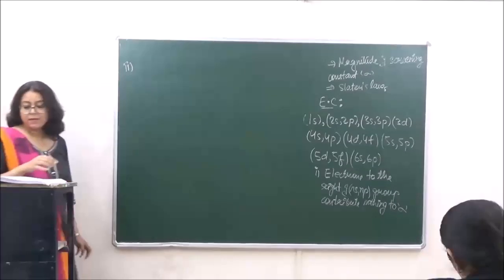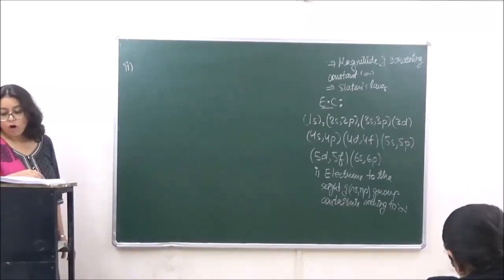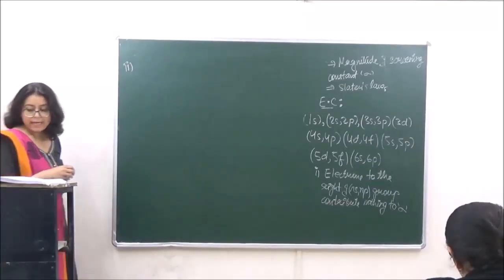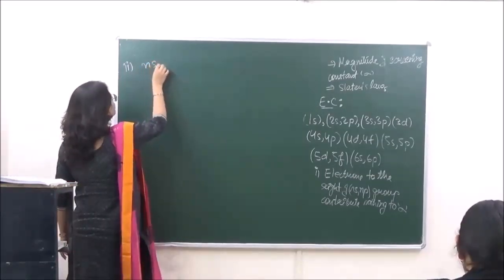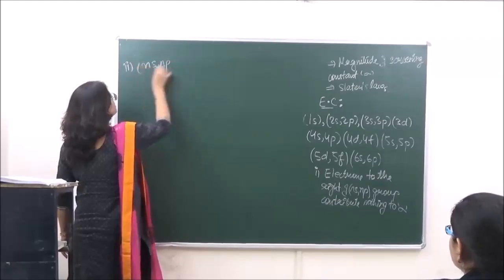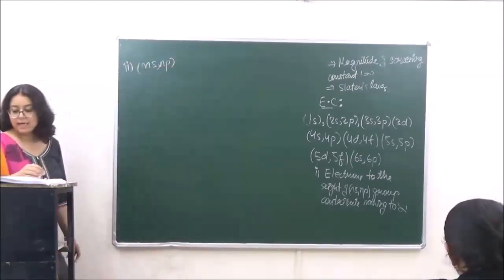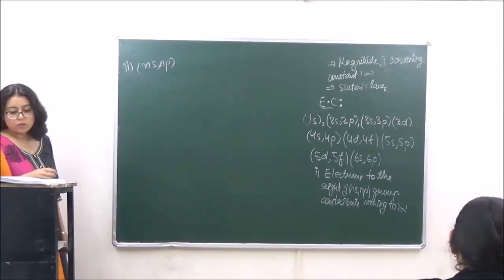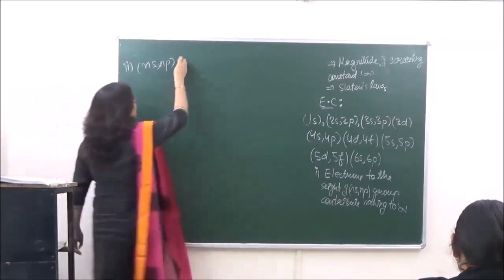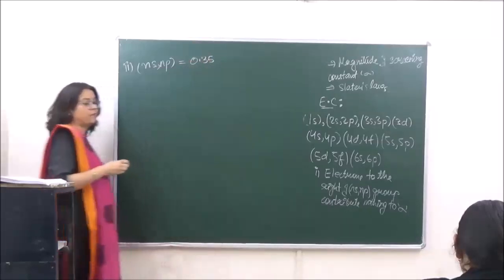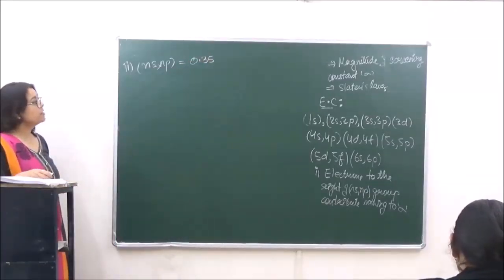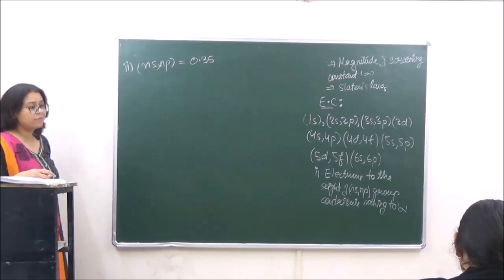The second statement is that all other electrons present in the ns np group contribute to the extent of 0.35. Here we are talking of electrons which are to the left of the electron.